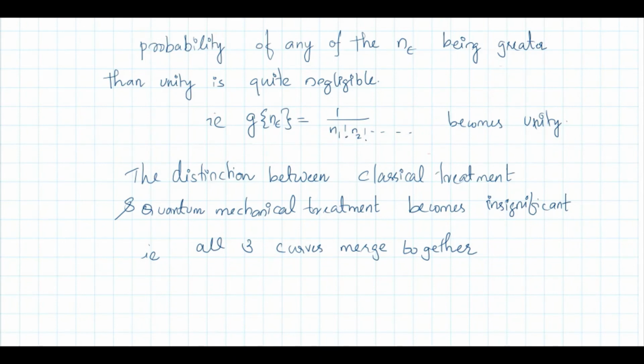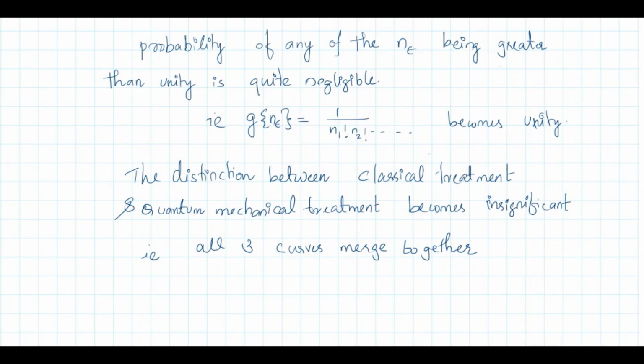If any of these numbers takes a value greater than unity, this will not be 1. So if the occupation number is very much less than 1, all the n epsilon values will be either 0 or 1, then this g of n epsilon will be 1.